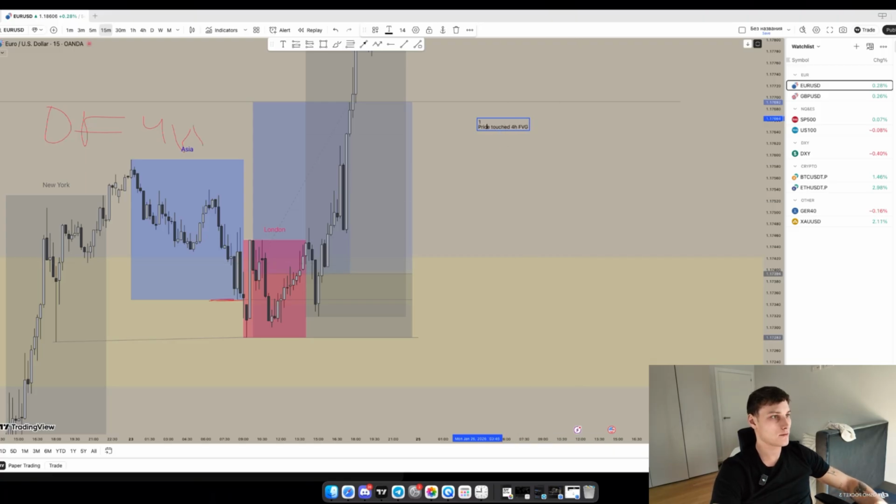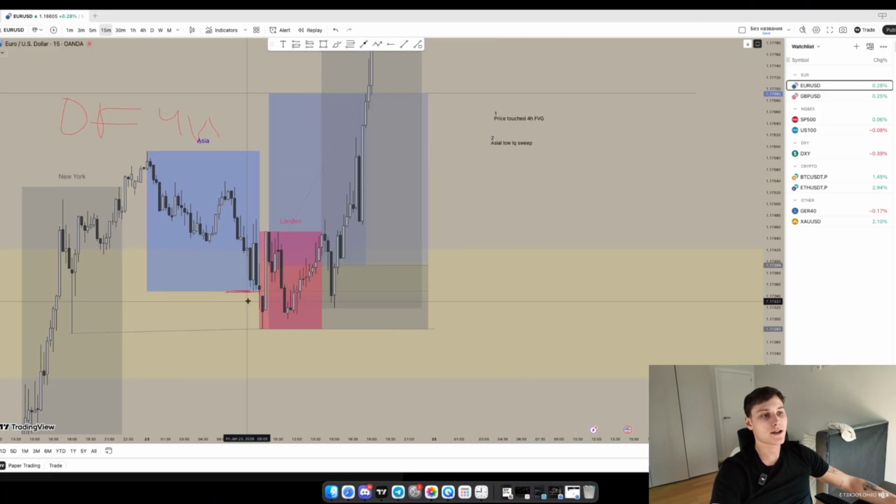Basically, when the price is testing the 4 hours FVG, that means the reaction should be in this area. So all we want to see now is some more arguments for going longs. The second argument for going long is the Asia low liquidity sweep.